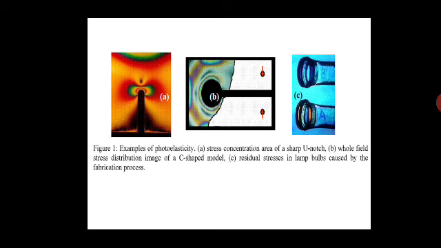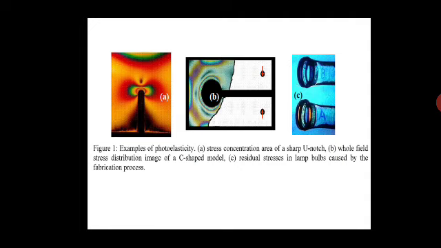The variations in the colors are nothing but the fringes you can observe here, the fringes or the patterns. Fringes are nothing but the patterns you can observe in different colors. This variation in the colors as well as the fringes will indicate what stress is developed in the member.